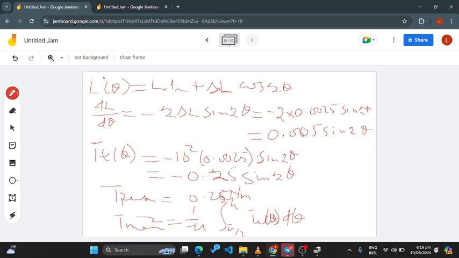If you have a sinusoidal function in this way, what is the peak value? 0.25. Ah, okay, thank you.